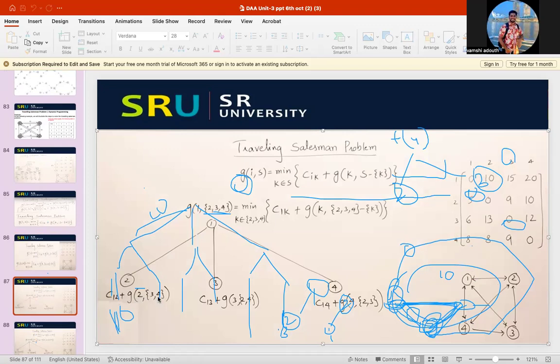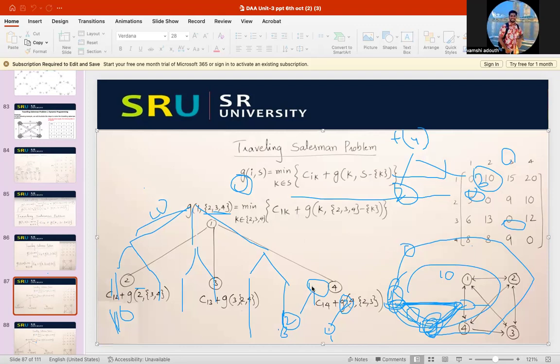Then we have 3, 4 in the bracket. Earlier we started with 1, so we wrote 2, 3, 4. Now we started with 2, so the k value became 2. Then we are left with 3 and 4. Likewise here, we started with 3, the remaining values are 2 and 4. Then 4, the remaining values are 2 and 3. Likewise, if we substitute these values in this formula, we will get the minimal way.